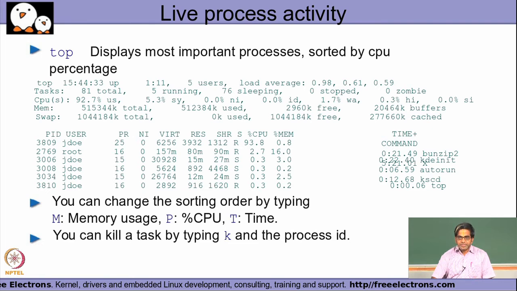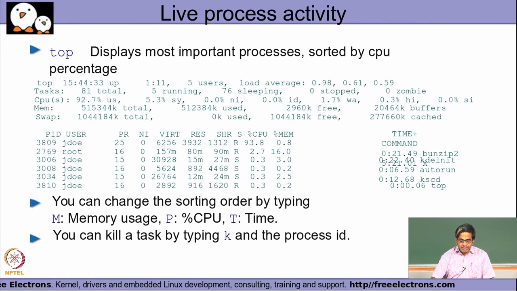The most important feature of the top command is that every few seconds, typically around 5 seconds, the output is automatically refreshed. So, if I want to find out what types of processes are consuming the maximum amount of CPU or memory at any point in time on my system, then this command is extremely useful for the system administrator.